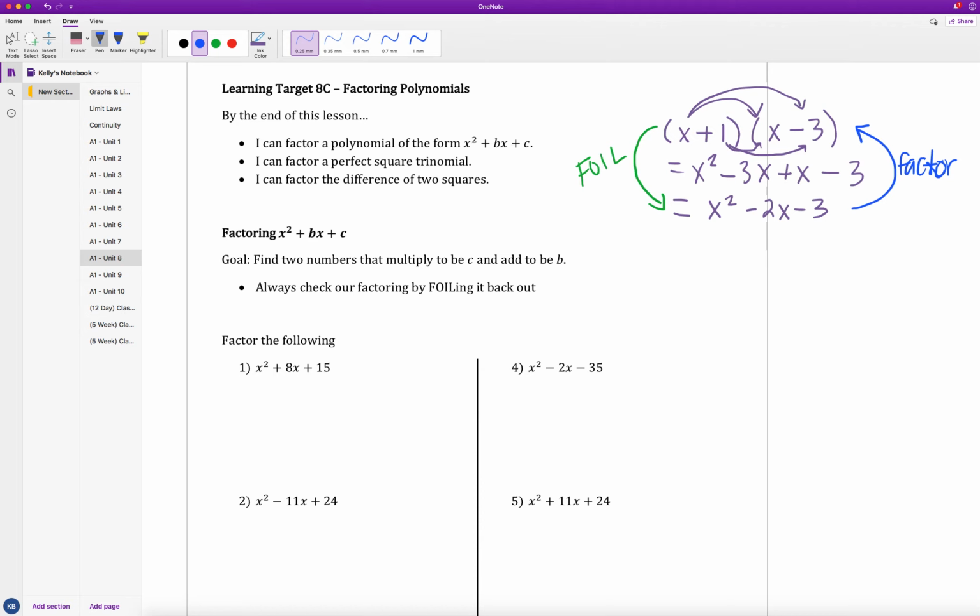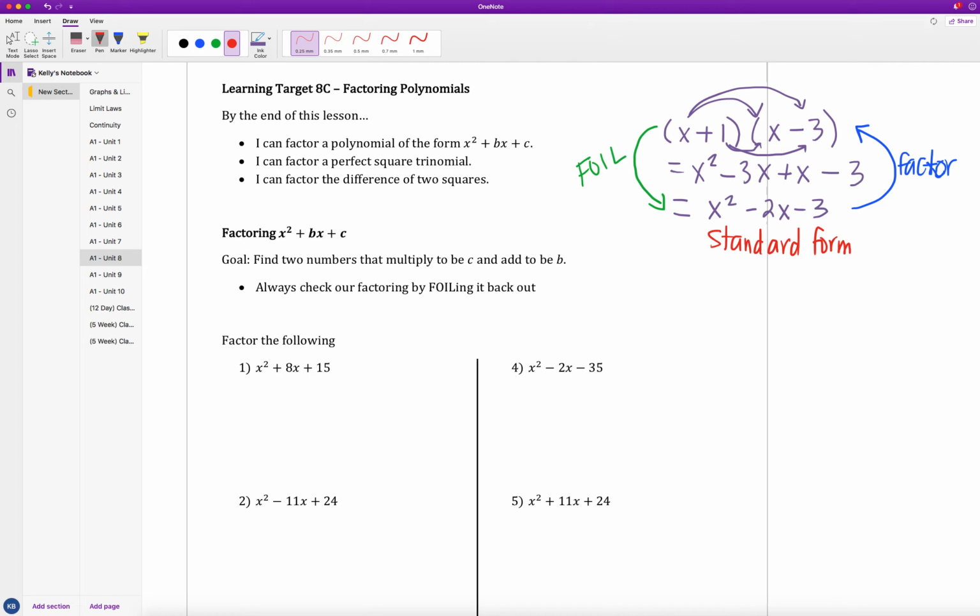So foiling is when we multiply them all out to get down to standard form. And factoring is when we take a polynomial that is in standard form and rewrite it as a product of factors. As the last piece of vocab, this is what we would call standard form. Remember, standard form is where I have the highest exponent down to the lowest exponent term.